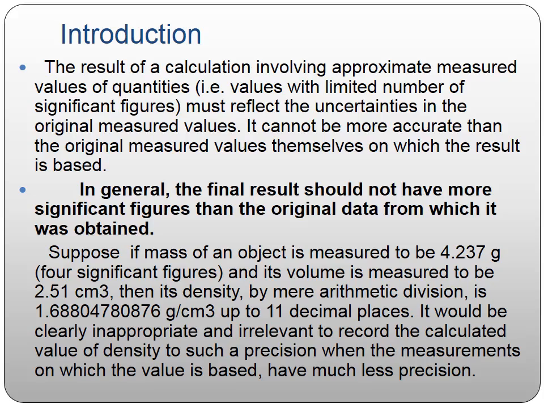Then density can be calculated by using this formula, mass divided by volume, which will be equal to 1.6880478086 gram per centimeter cube up to 11 decimal places.